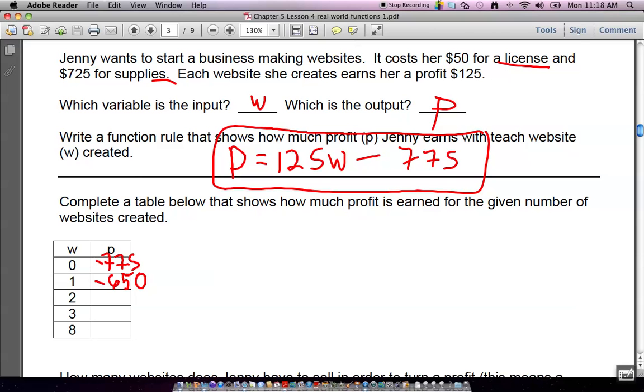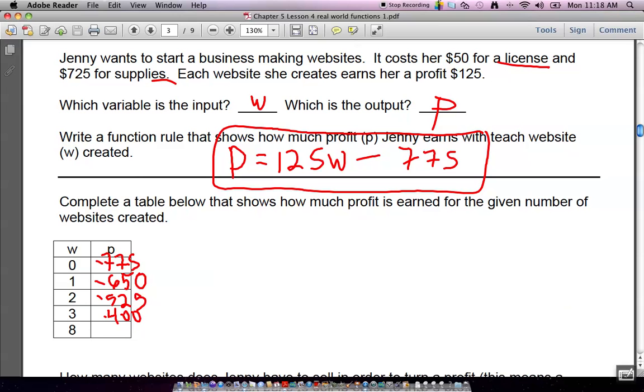What's 125 times 2? 250. 250 minus 775 is negative 525. Now, she still hasn't made any money, but it's getting better, right? What if we plug in 3? What's 125 times 3? 375. 375 minus 775 is negative 400.